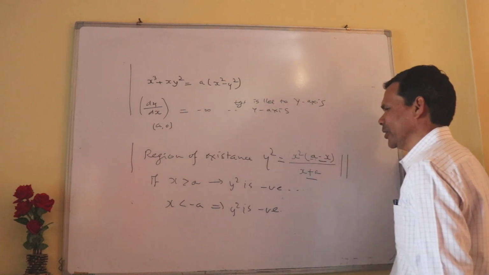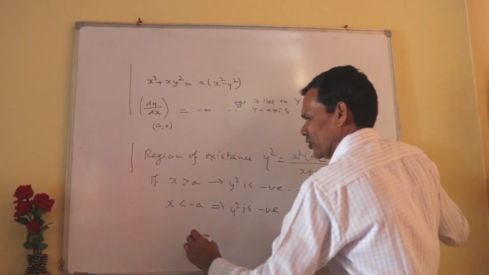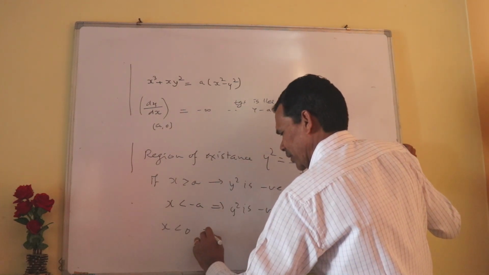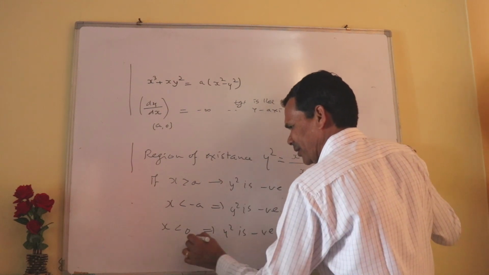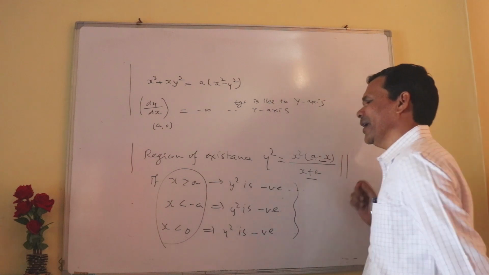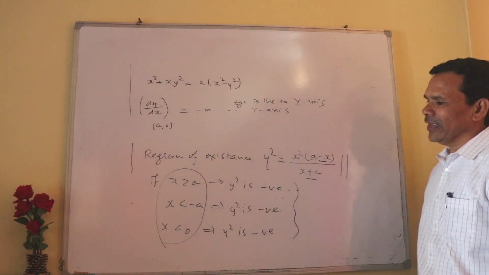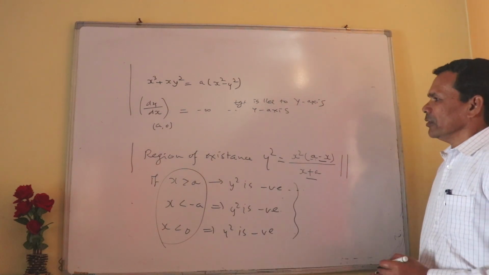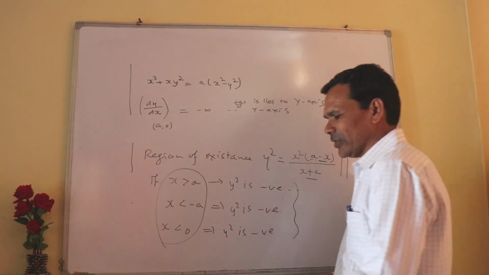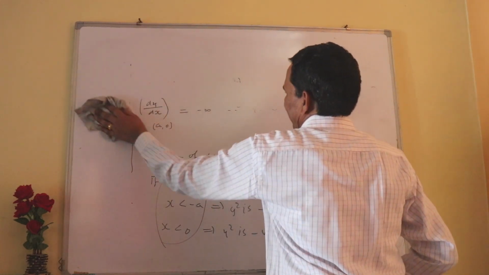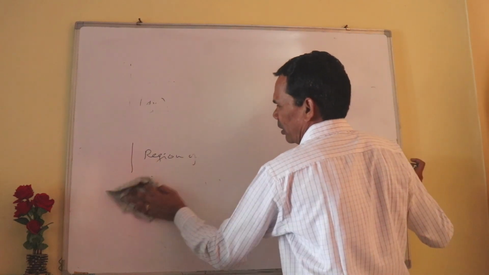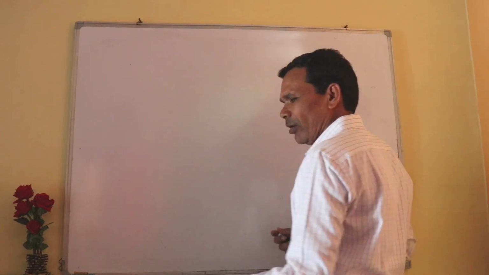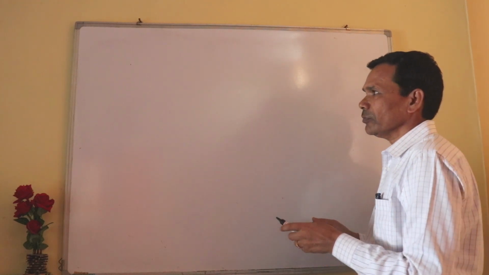Similarly for x negative also, the curve does not exist. So no curve exists in these regions: x greater than a, x less than minus a, and x less than 0. And the approximate shape of this curve, from the information we have discussed, is something like this.